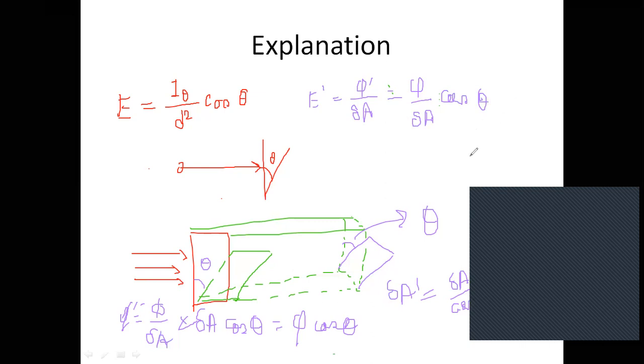So this is E max cos theta. This is the main thing. If I tilt the plane, then a cos factor comes in, so the illuminance is proportional to the cos factor.